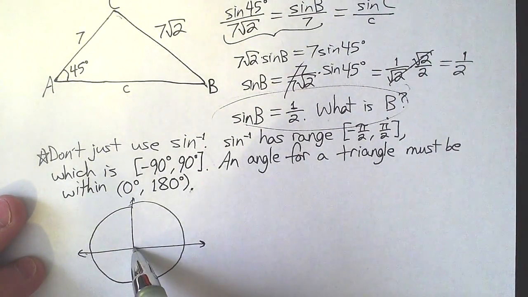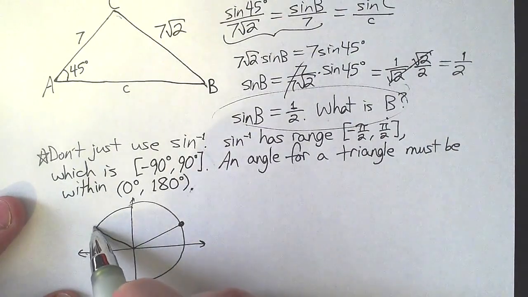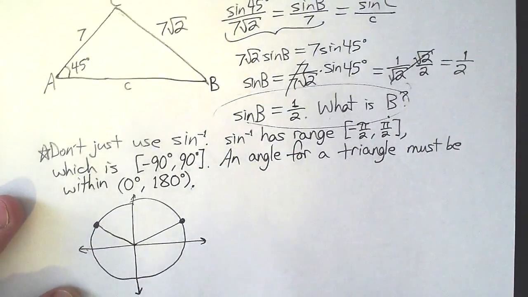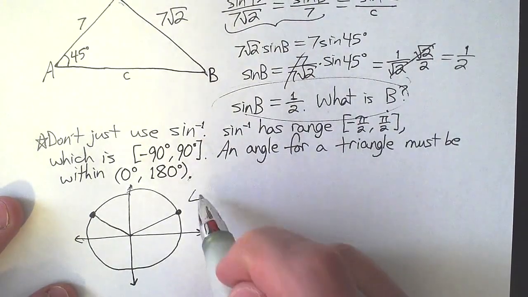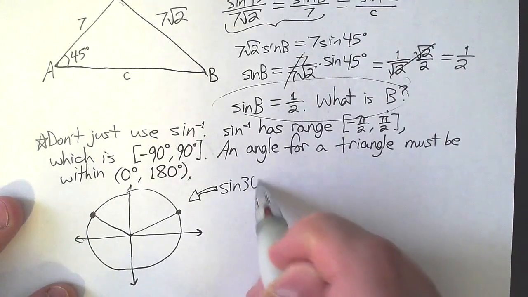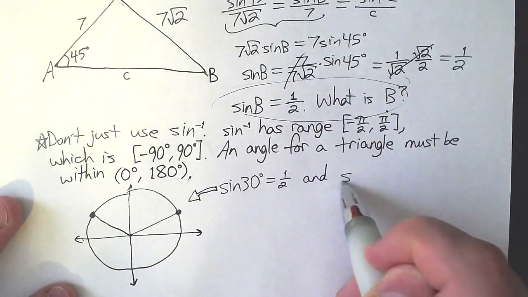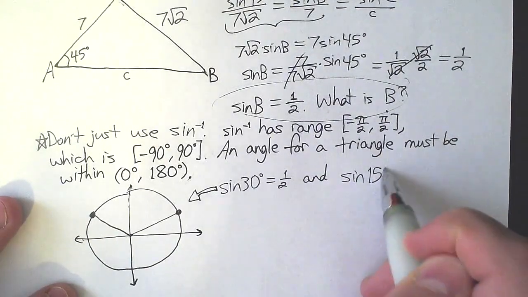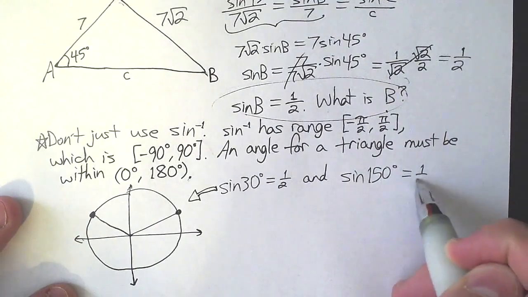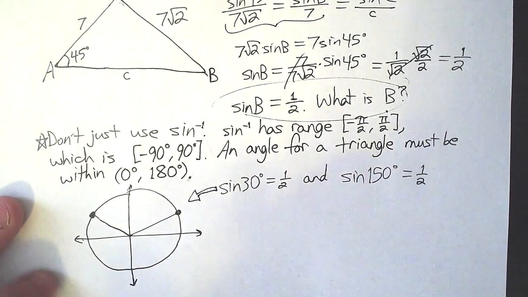On the unit circle, I know some places where sine of an angle equals 1/2. I could think of 2 places. Sine of 30 degrees is 1/2, and the other one is sine of 150. We kind of knew that in radians, but in degrees, it's 150.